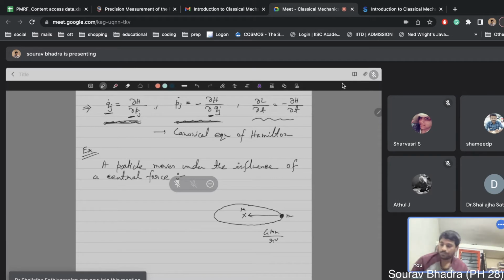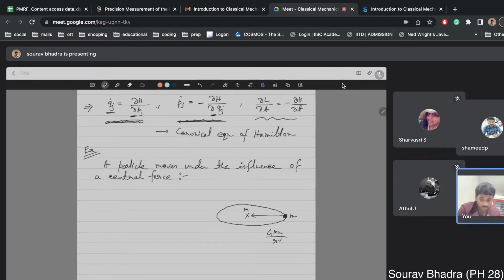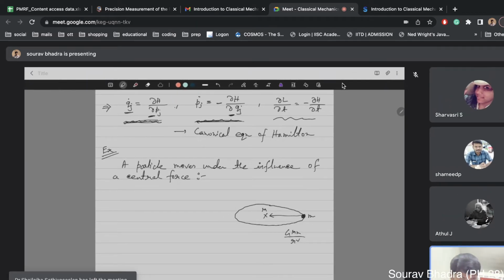At first we will write the Lagrangian of this system. The Lagrangian is T minus V, and there is no explicit time dependence of the Lagrangian in this particular system.